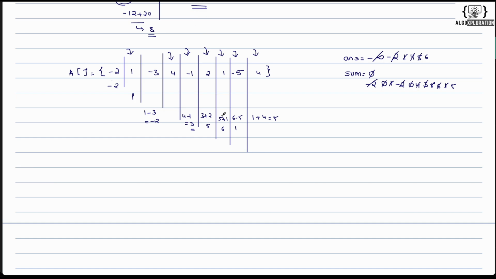I'll write the pseudocode. For i starting from 0, going till n, update the sum, that is sum equals sum plus a of i.